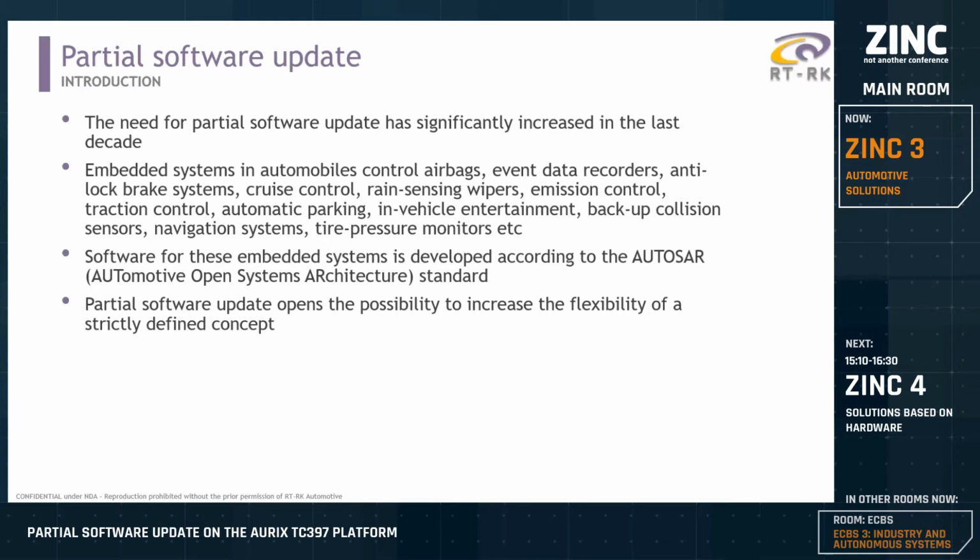Current embedded systems in automobiles control event data recorders, anti-lock brake systems, emission control, etc. The partial updating increases flexibility and adaptability of the software, which allows its modifications in the system which are already deployed to the target platform.